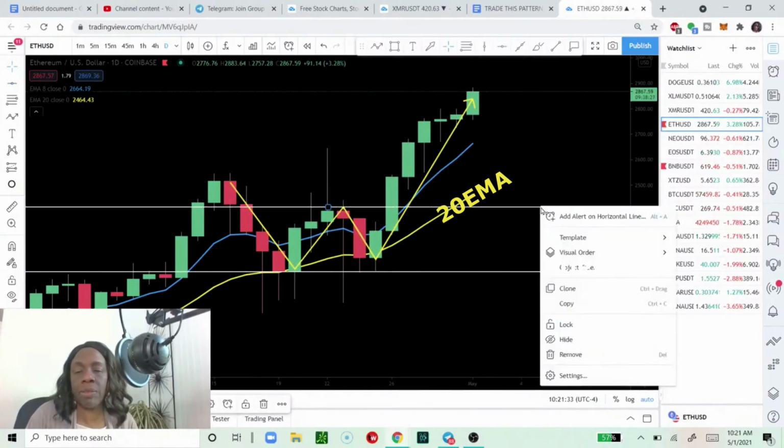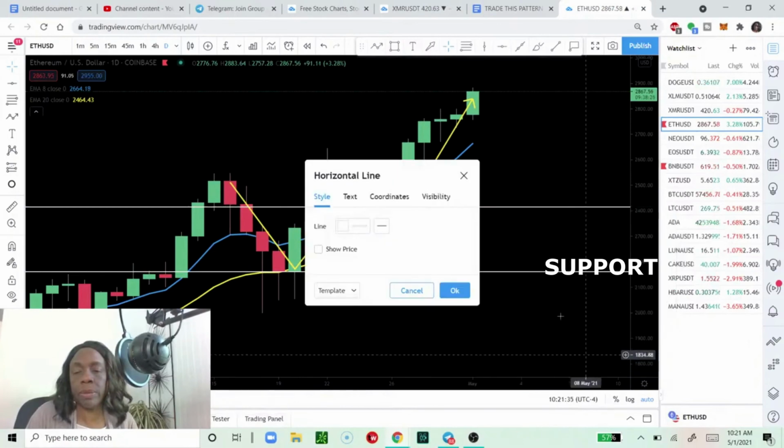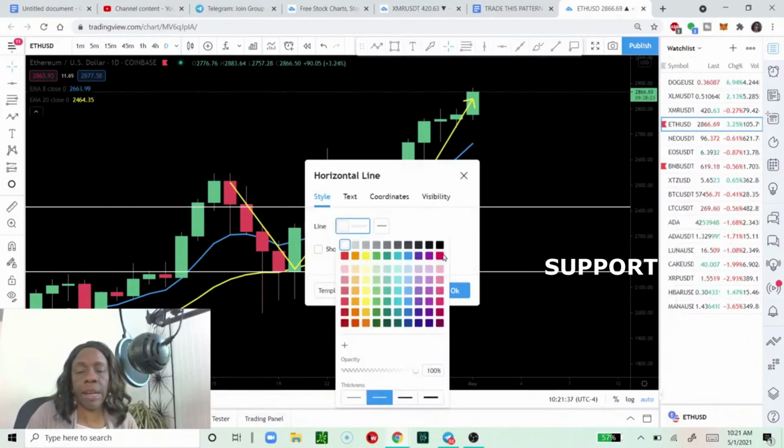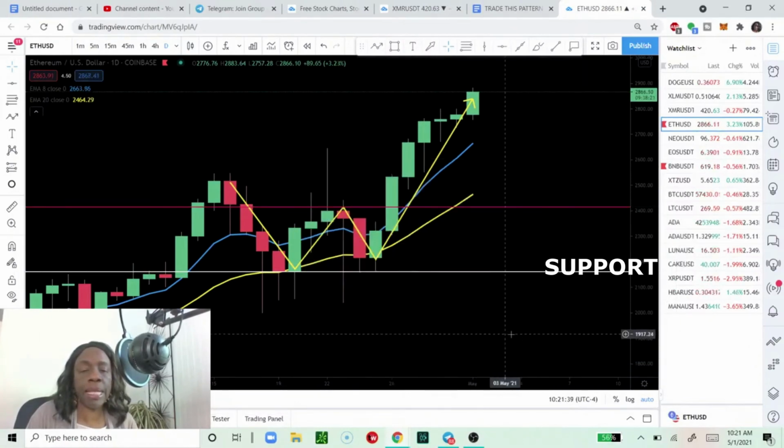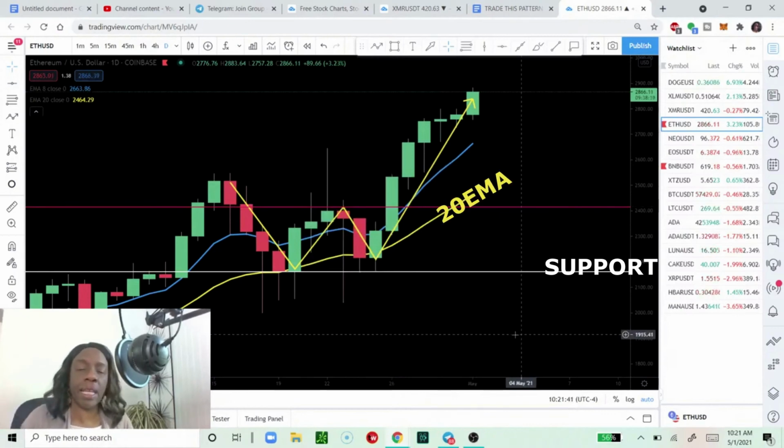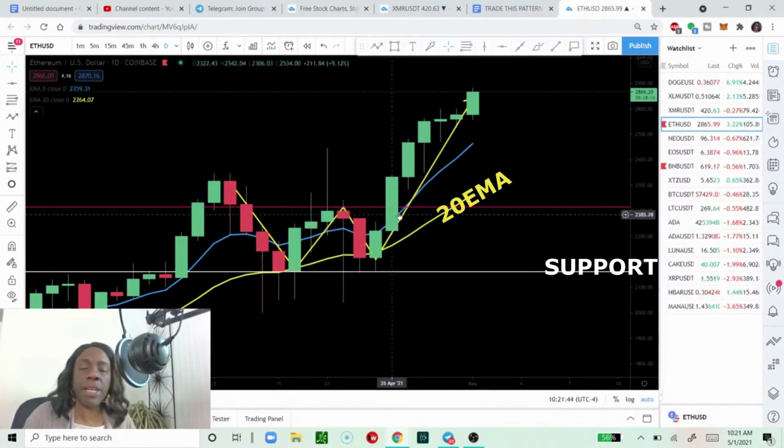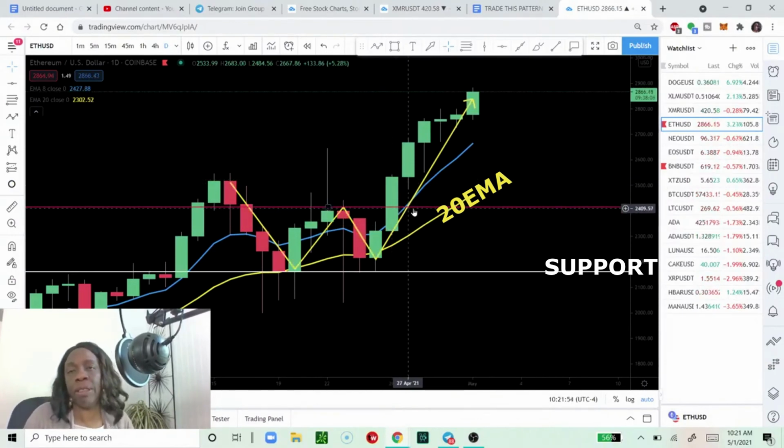And I'm going to give that a different color for clarity. Okay, we'll make that a red. You see that red neckline? It is so important because it's at this red neckline that if you are out of the trade, you're going to go back in the trade once you see a close above the pink price level.